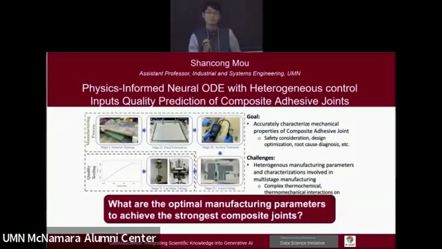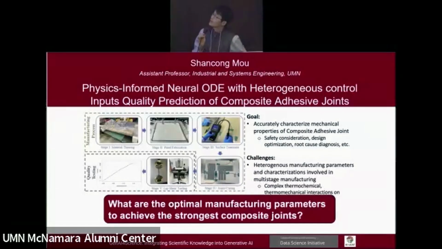In this case, it's very important to evaluate or predict the quality of your adhesive joint, because this thing is going to fly with the airplane. A group of manufacturing experts and material scientists came to us and said that what they do is purely experiment-based.